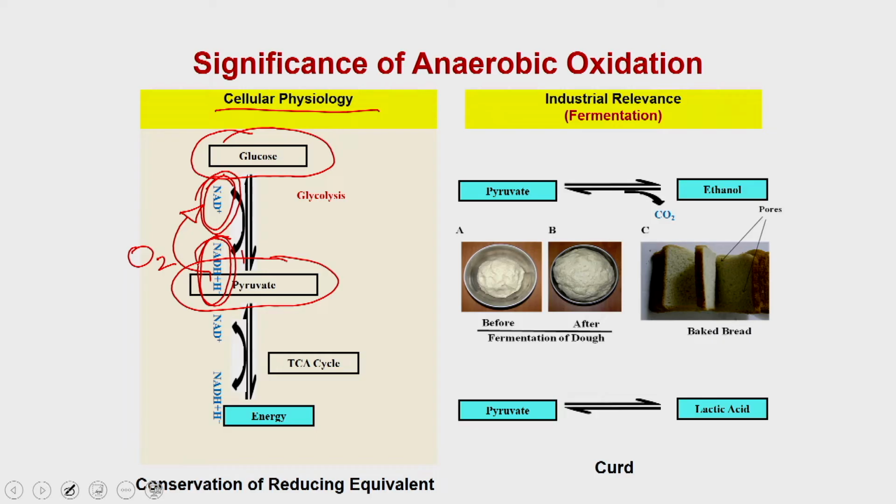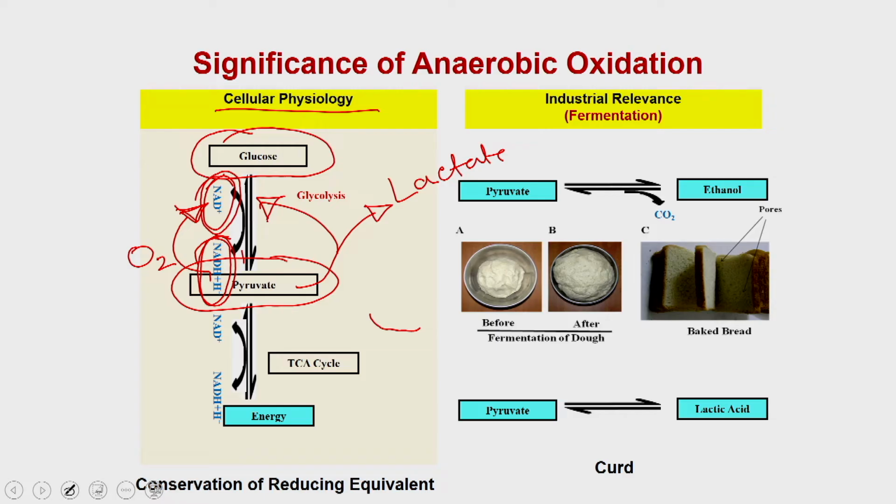That is done simply by running the anaerobic oxidation, which is actually a futile cycle where the glucose is converted into pyruvate, and the pyruvate is converted into lactate.